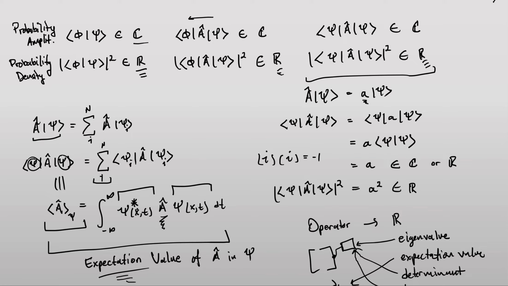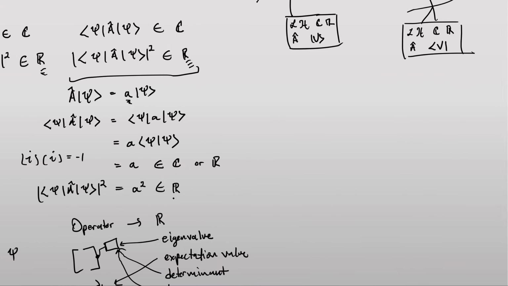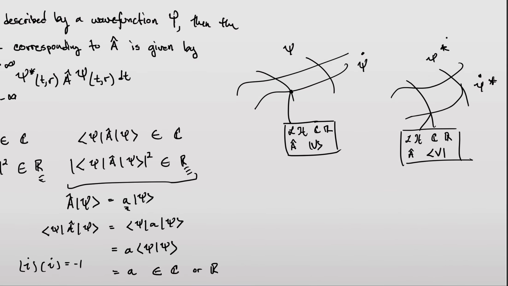These aren't bras or kets, these are complex and complex conjugate. But same thing here, we have complex conjugate and not complex conjugate. So we have this little guy in the middle of these two worlds, if you will. Expectation values are extremely important. That incorporates both of these guys.